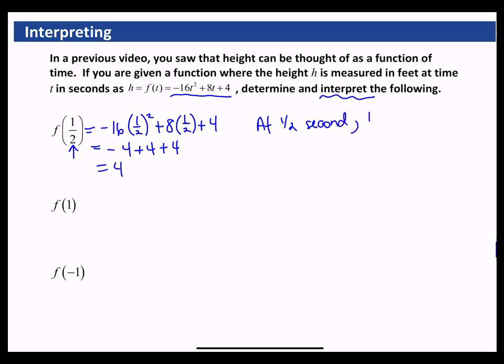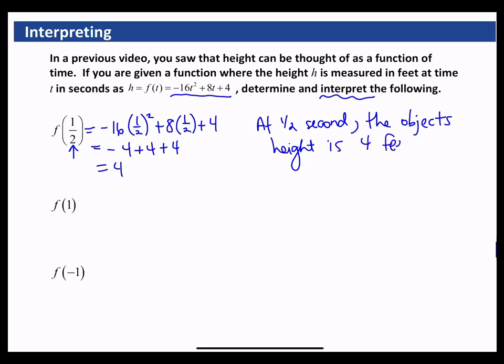All right, how about f of 1? Again, 1 is inside those parentheses, so let's crunch that out. Negative 16 times 1 squared plus 8 times 1 plus 4 gives us negative 16 plus 8 plus 4, which is negative 4. So 1 is our input, negative 4 is our output.